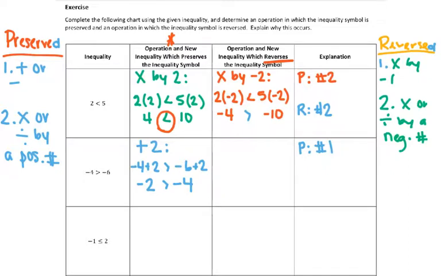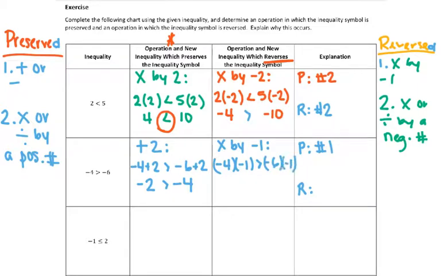Let's look at the third column over from the left. We want to reverse that inequality symbol. So this time I'm going to multiply by -1, and that's going to reverse that inequality symbol. So -4 times -1, I'm going to keep my inequality symbol the same, greater than, -6 times -1.